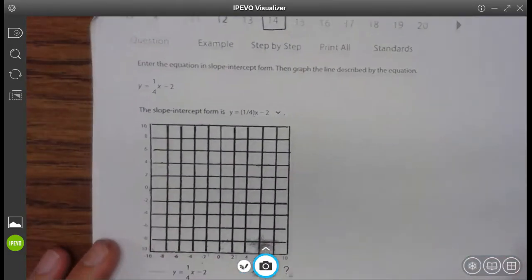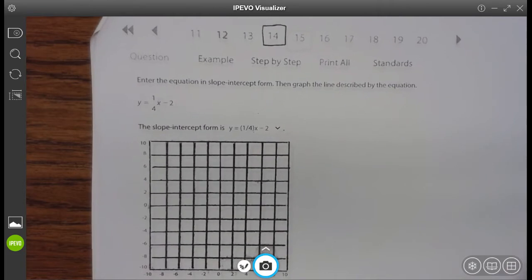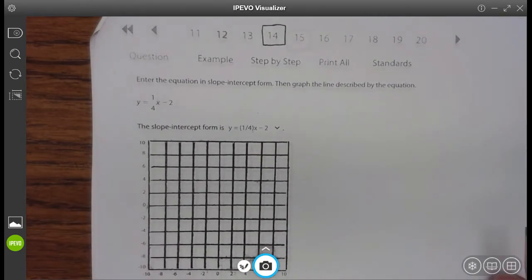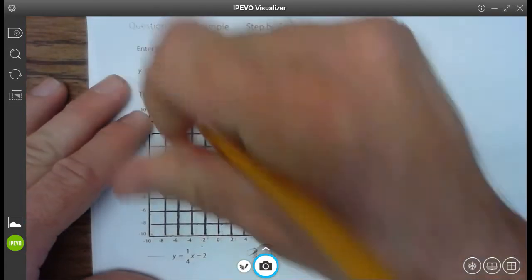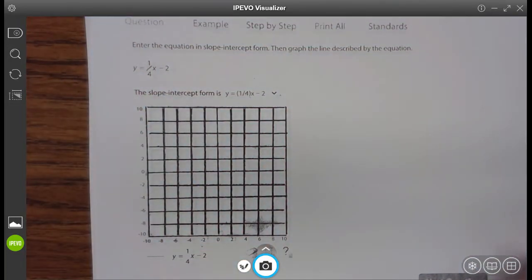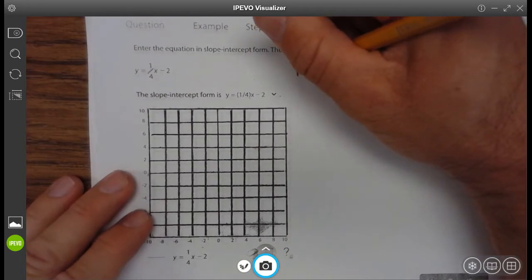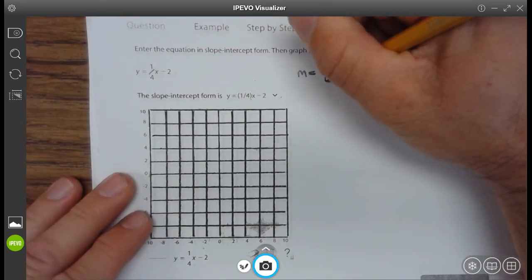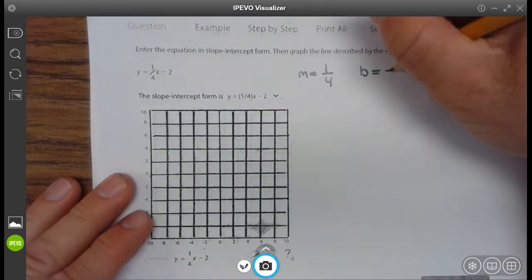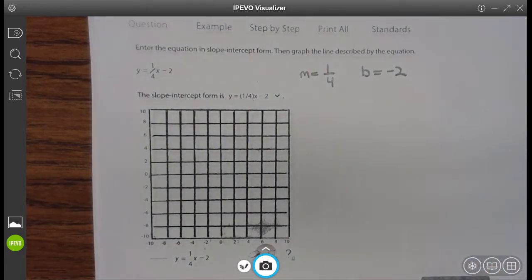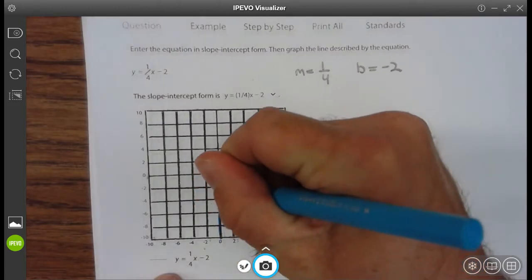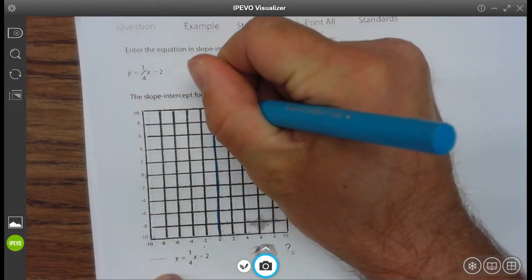All right, let's take a look at example 14. Now, that's actually 1 divided by 4. So our slope is 1/4, and our y-intercept is -2. So we're going to start at 0, -2. And again, let me highlight the x and y axis so it's easier to see.